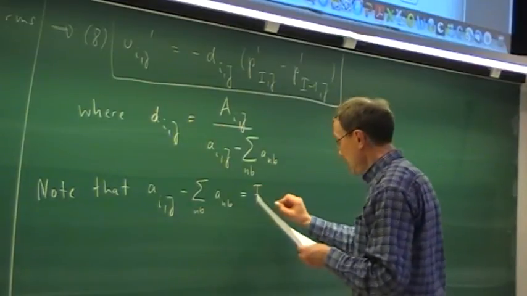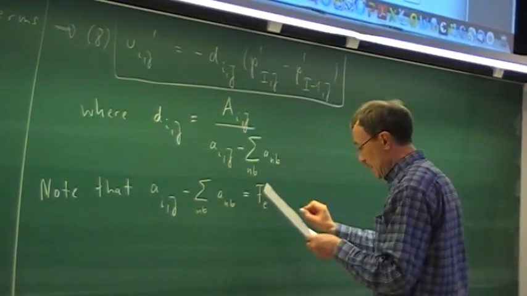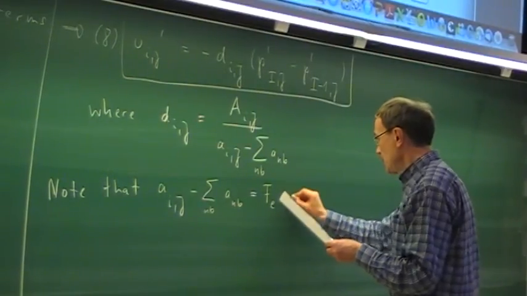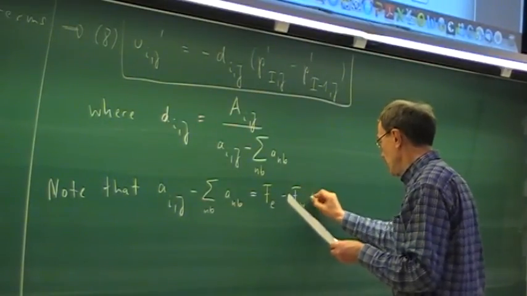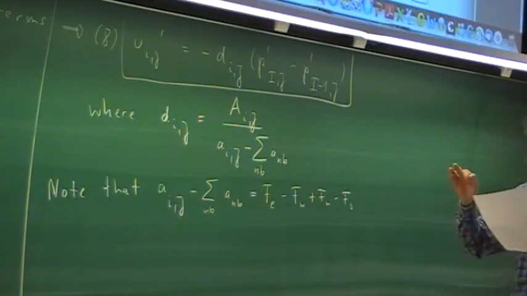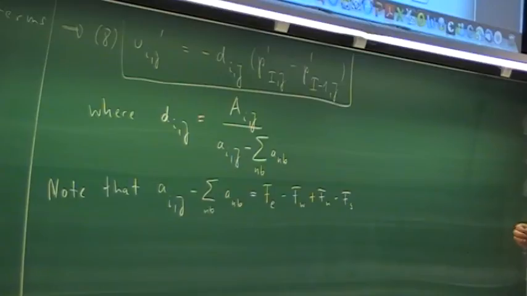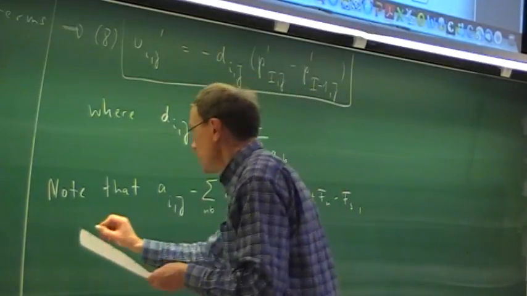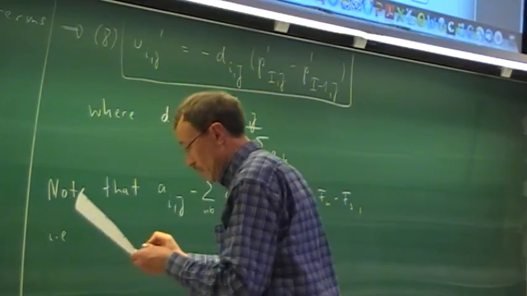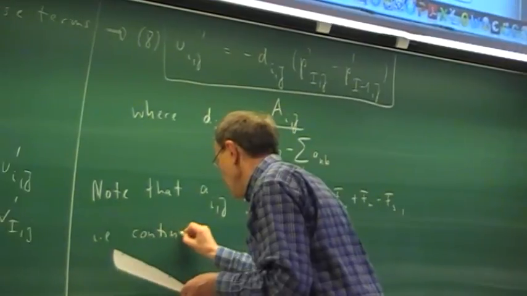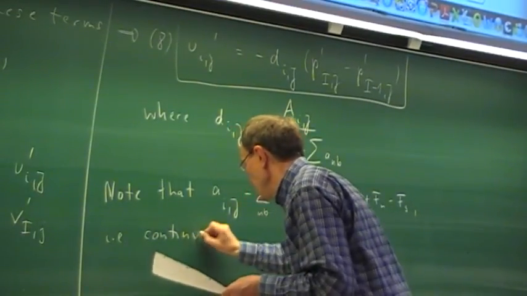And that we can write as the mass flow over the eastern minus the western, plus the mass flow over the northern minus the southern face. So that is the net mass flow over the boundary of the control volume. And that can be considered as the continuity error, an error in the continuity equation.